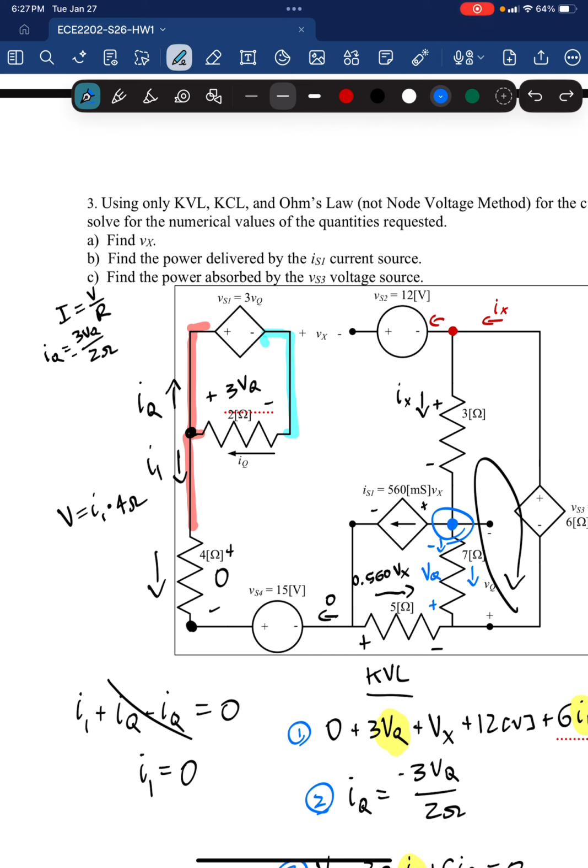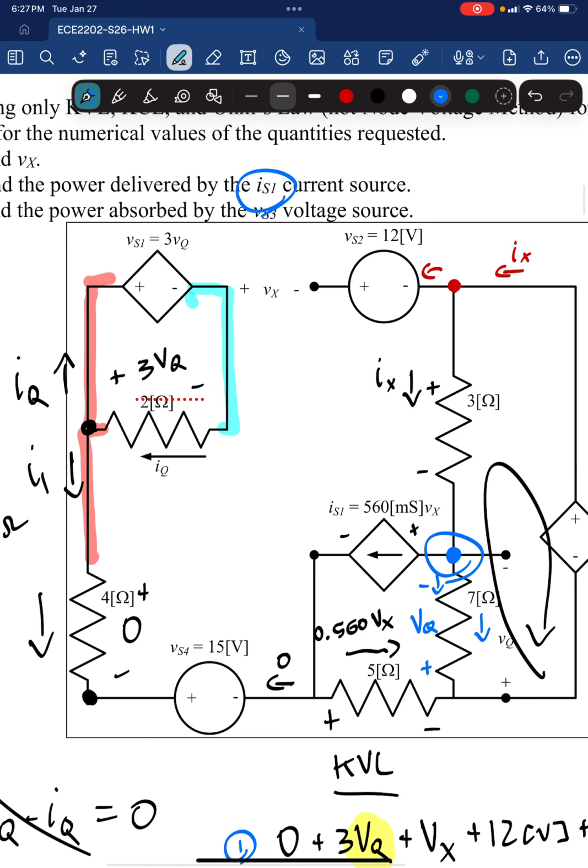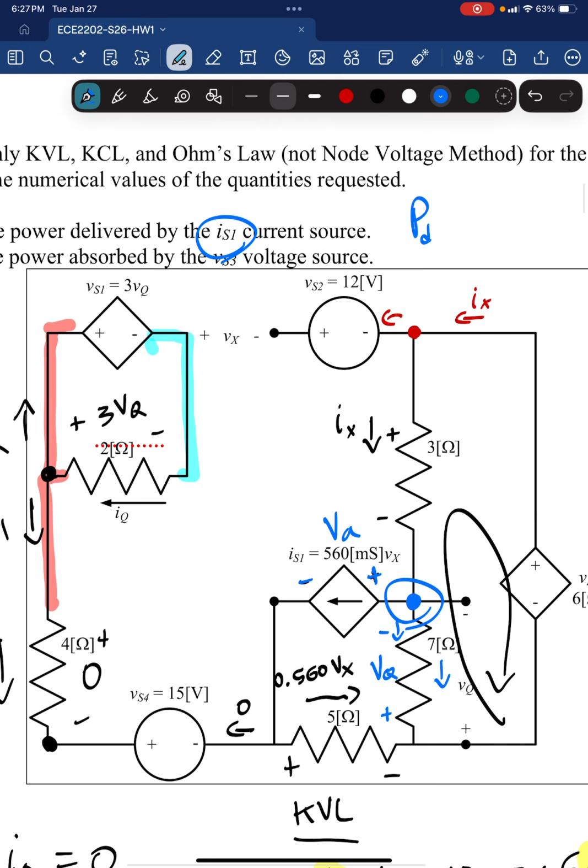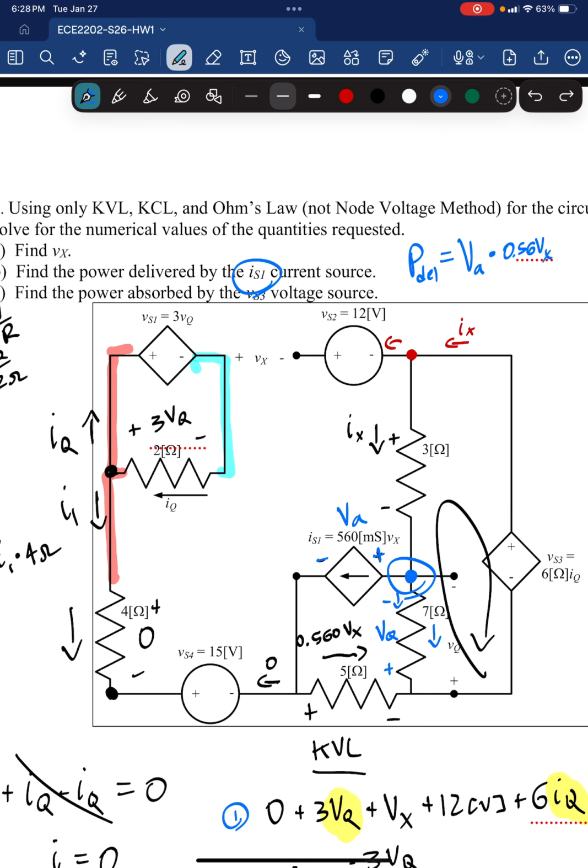But hopefully the information that you got from this is enough for you to turn around and solve for these values. In order to do IS1, you are going to have to define a voltage across this battery and solve for it and use the formula VA times I, which is 0.56 Vx. Right, so you're going to have to find a way to solve for this voltage, but it shouldn't be too hard given at this point you have VQ and you have Vx.